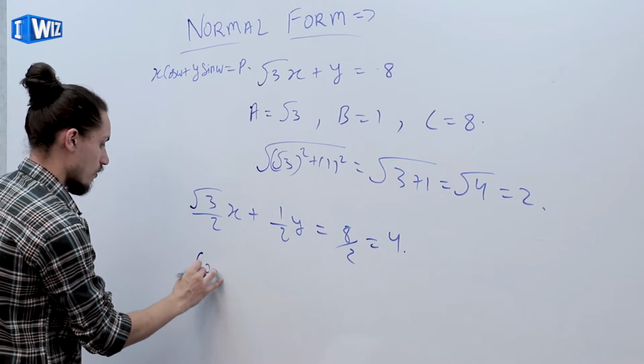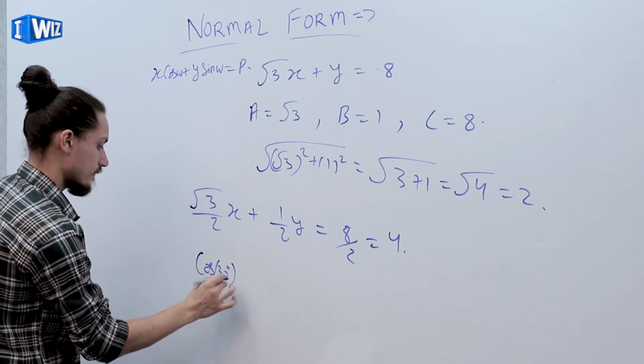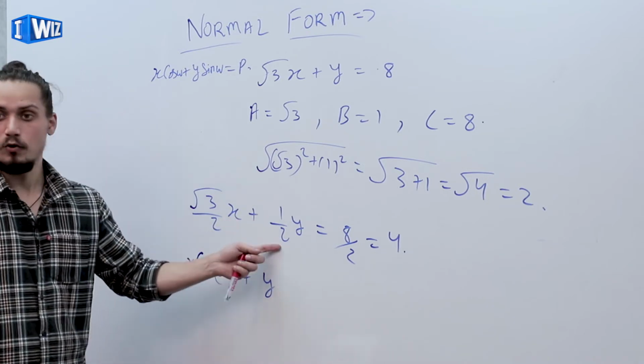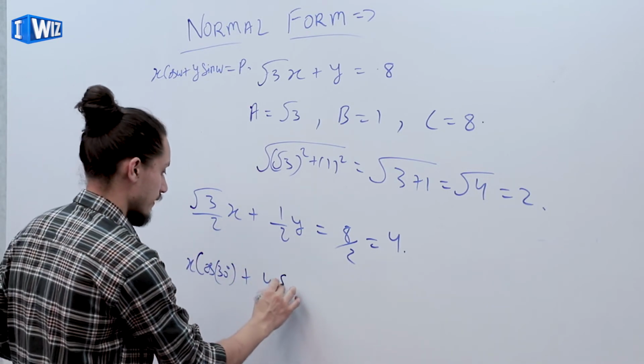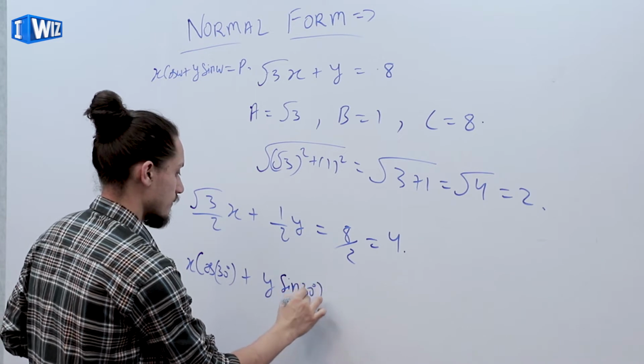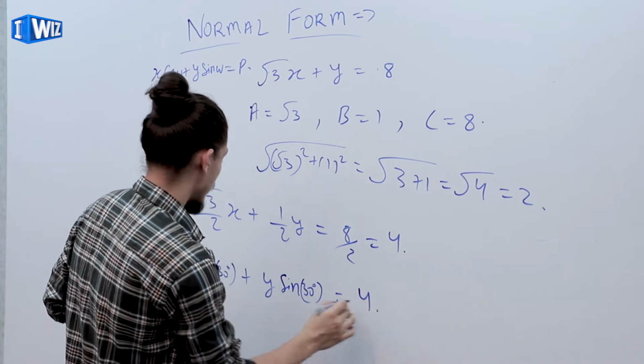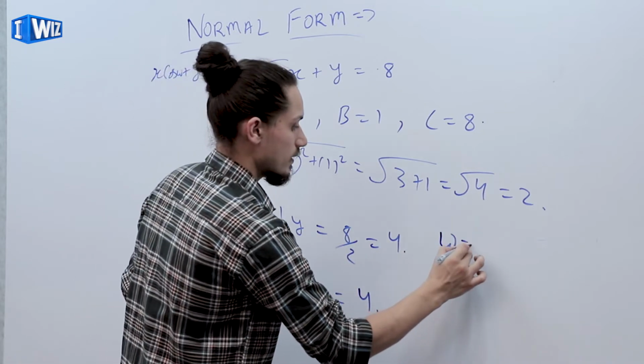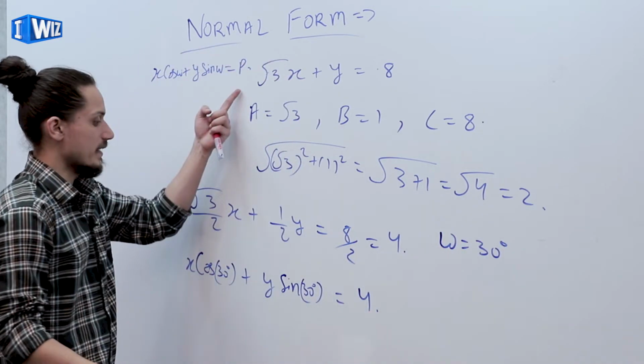So we get cos 30 degrees x plus y, अब साइन की वैल्यू 1 अपॉन 2 कब आती है, साइन 30 डिग्री पे. So sin 30 degrees is equal to 4. Comparing these two, we get omega is equal to 30 degrees and p is equal to 4.